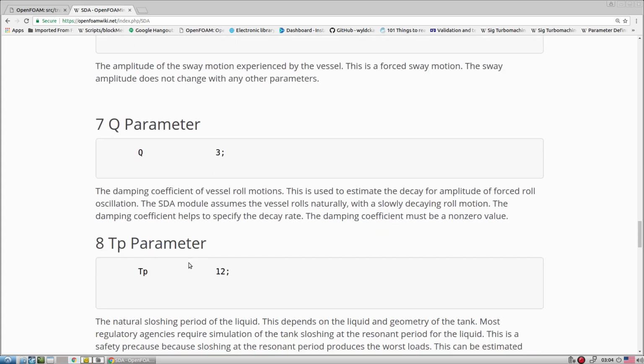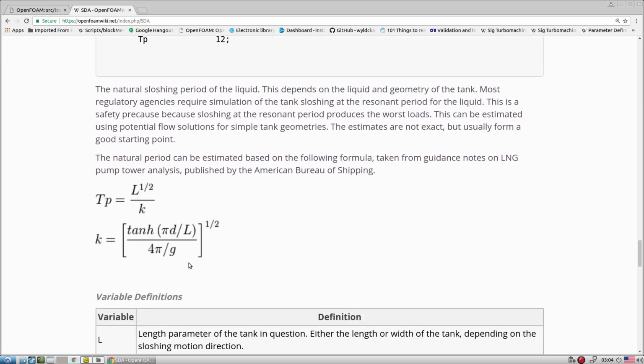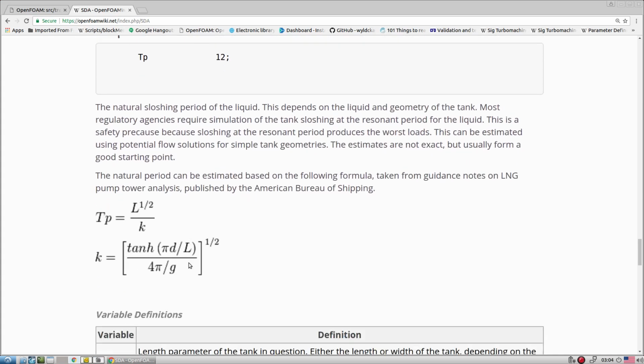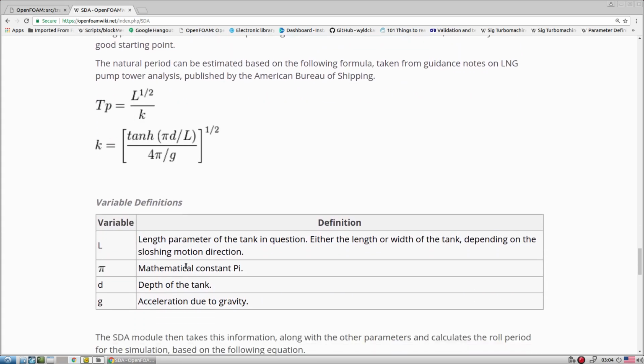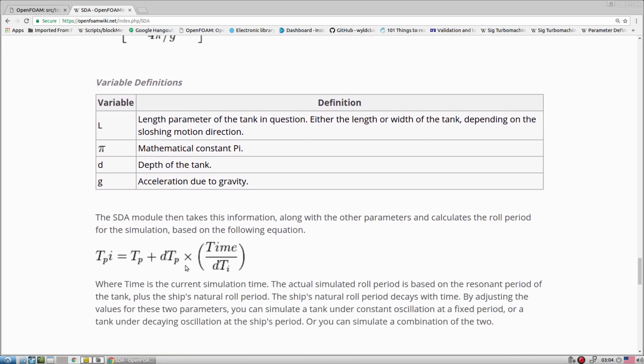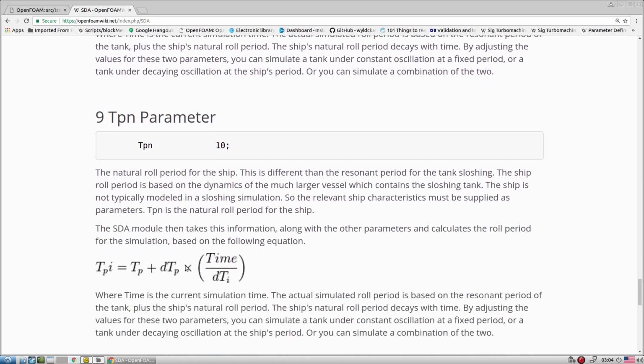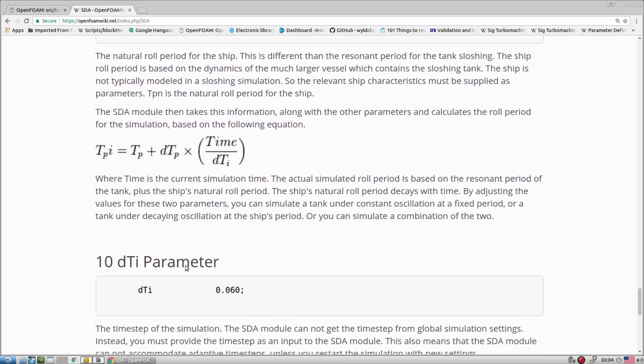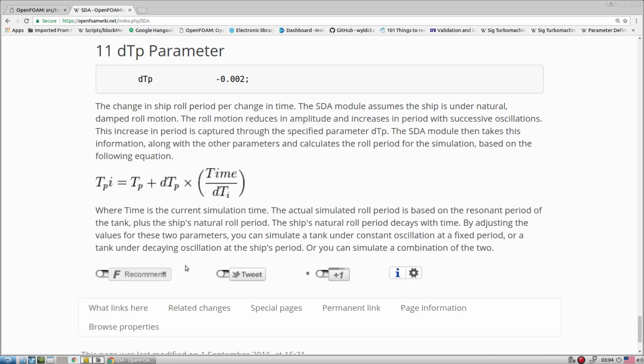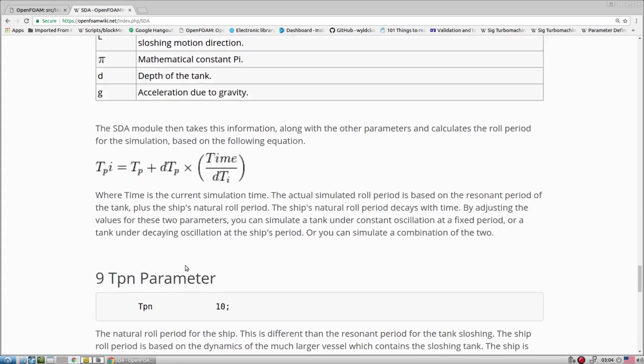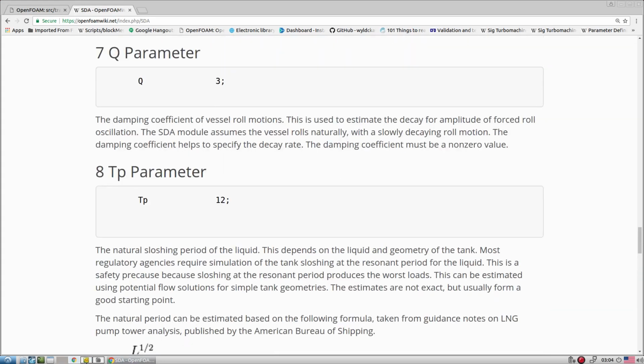What is meant by TP? How is the TP parameter going to affect things? Based on your requirement you can tune this parameter, and a very detailed aspect of each and every entry is mentioned here.